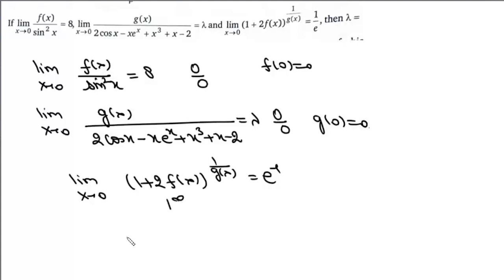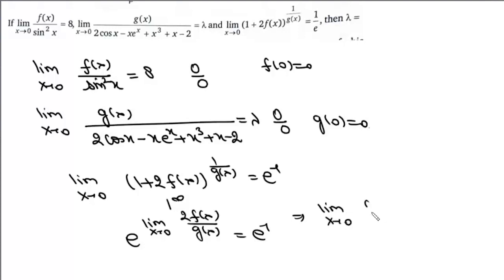If we use shortcut, we can write this as e to the power limit x tends to 0, 2 fx upon gx, is equal to e to the power minus 1. So from here we can write this limit x tends to 0 fx upon gx, this value will be minus 1 by 2.